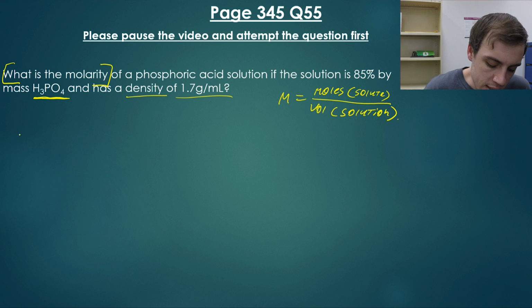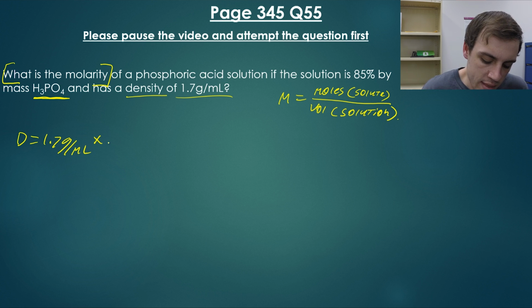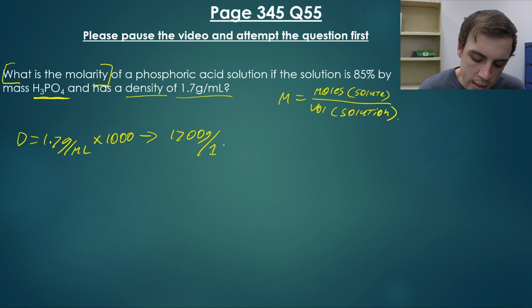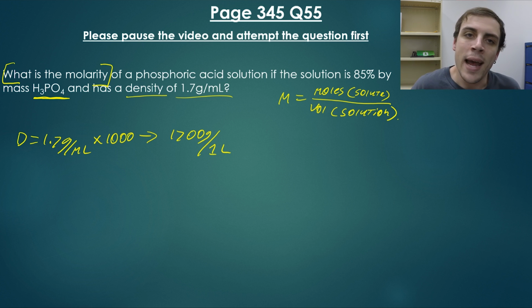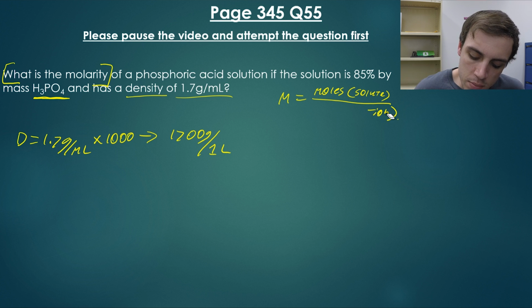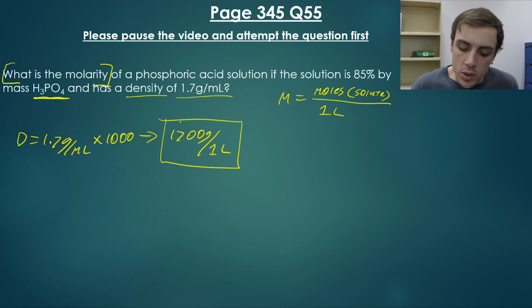So if the density is equal to 1.7 grams per mil, and we multiply this by 1,000, that will give us 1,700 grams per 1 liter. Now we're getting somewhere, because what we just did is find the volume of our solution. So we know that our volume is 1 liter. Okay, so now what do we do?